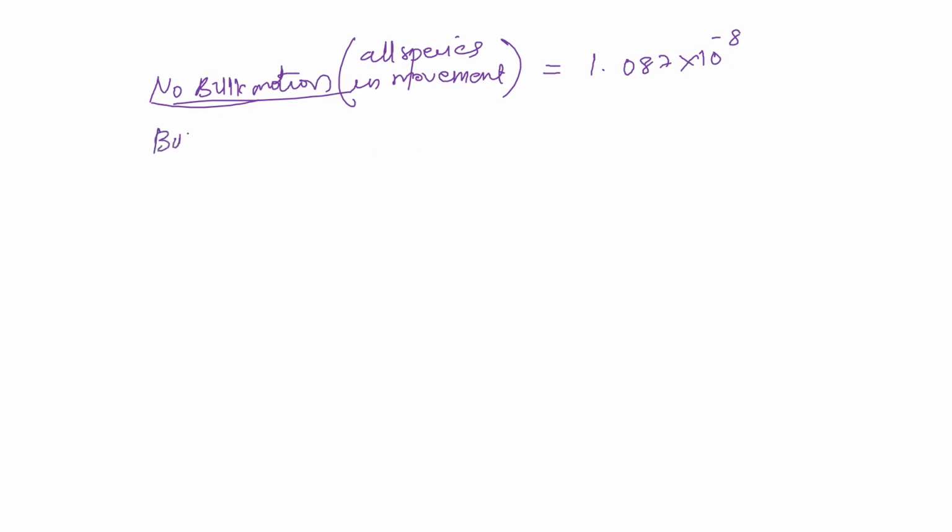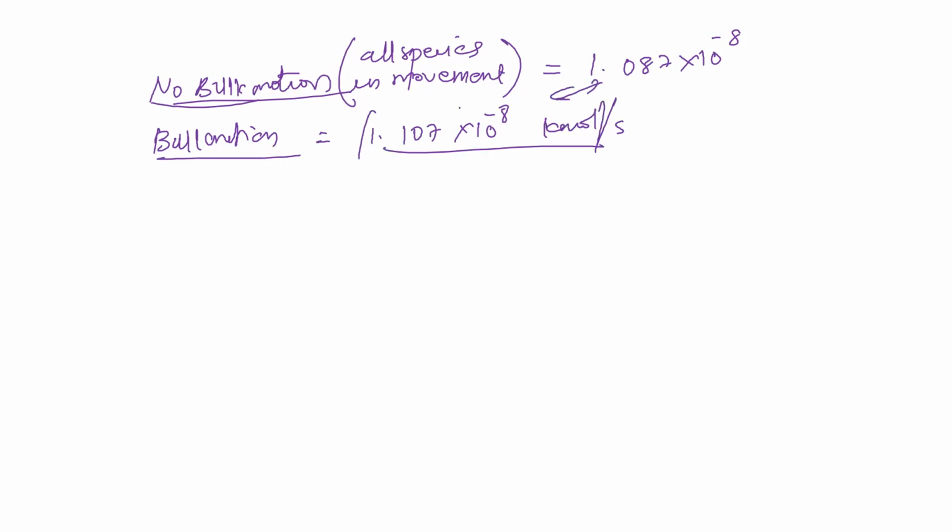Then bulk motion: 1.107 into 10 raised to minus 8 kilomole per second. So you can see the difference. This is more of a kind of considering the bulk motion, so that is closer to reality.